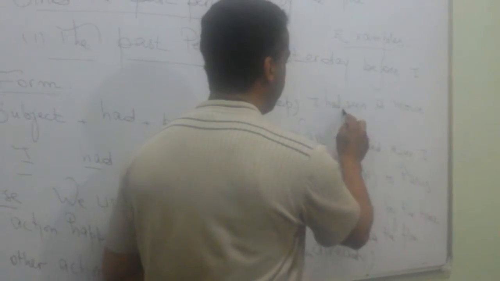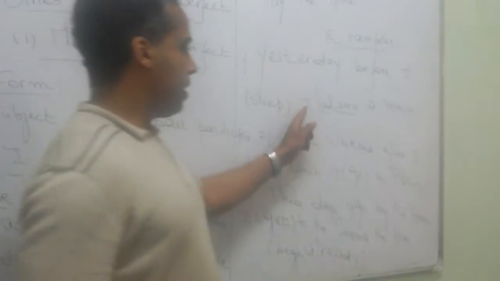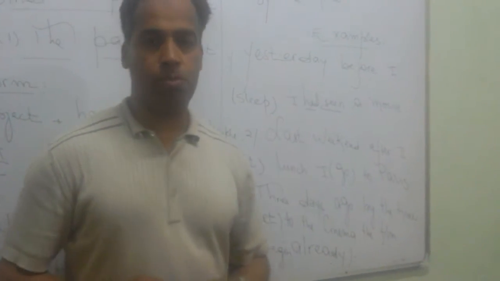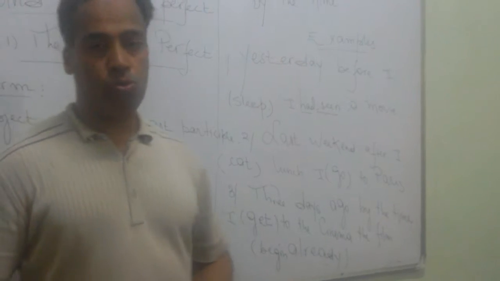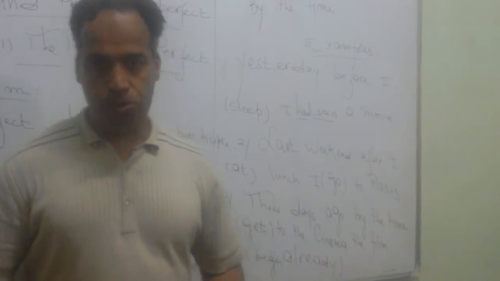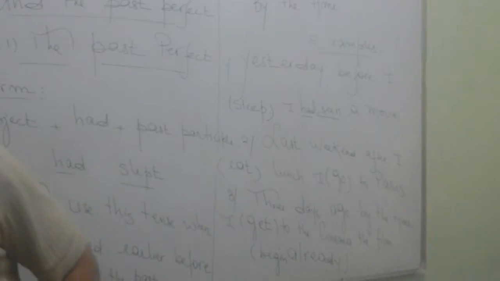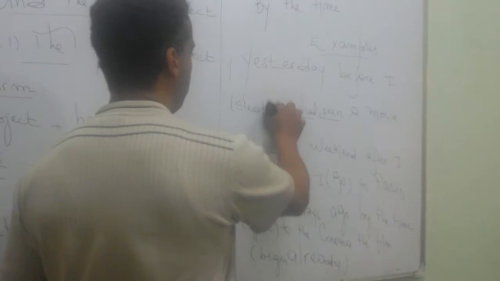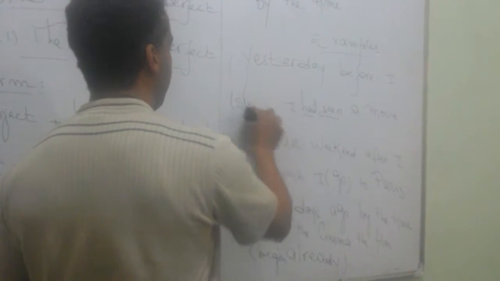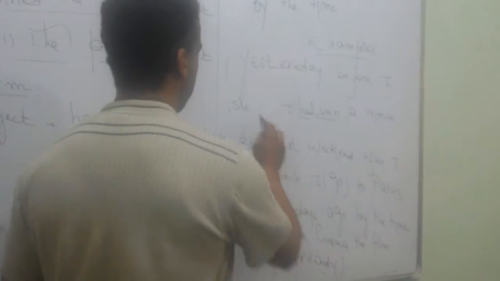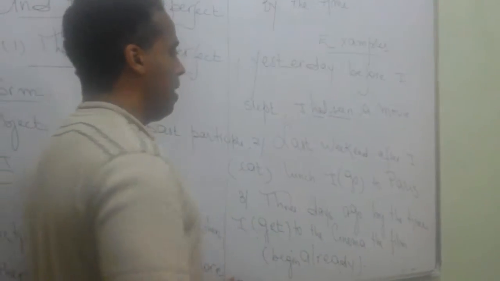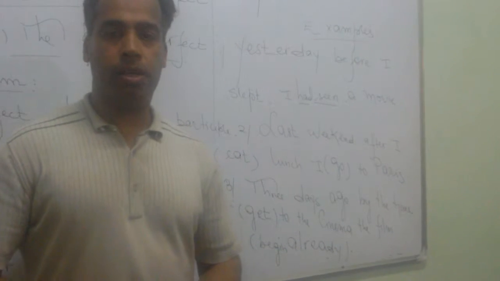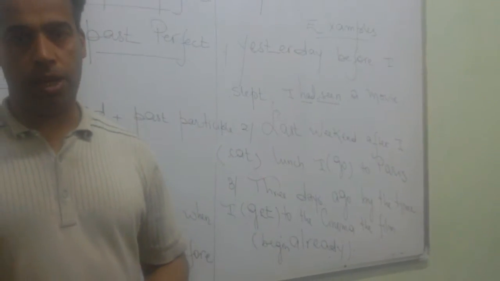It is I had seen: subject plus had plus past participle of see. And of course, I'm going to conjugate the verb to sleep into the simple past. What is the simple past of sleep? It is slept. Okay? Good. I slept. And this way, my answer is 100% correct.